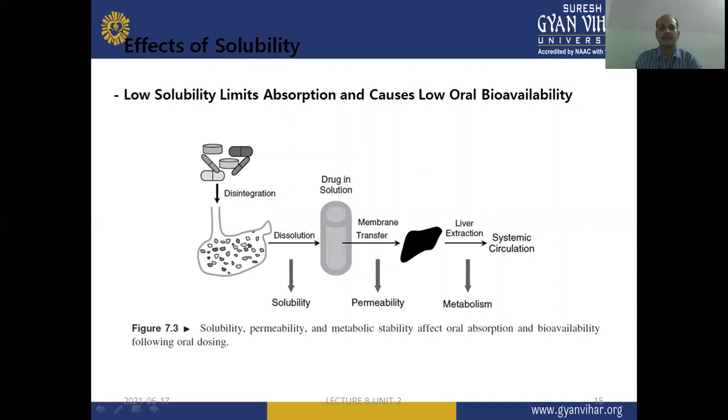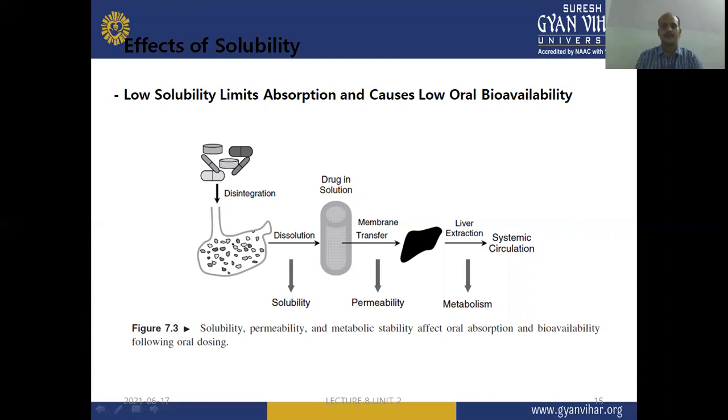So low solubility limits the absorption and causes low oral bioavailability. Solubility is one of the important requirements for a substance to dissolve, and we can ultimately increase the bioavailability of the drug if we increase the solubility of a particular compound.